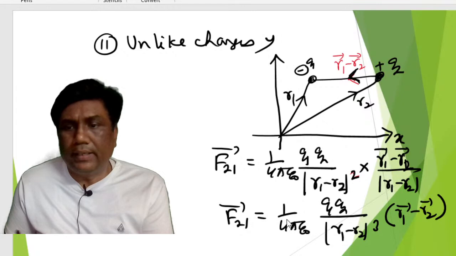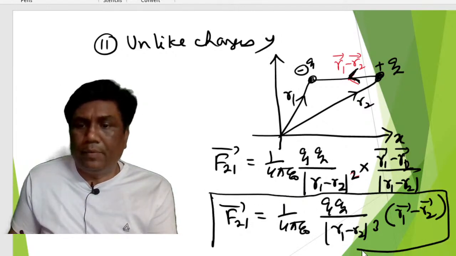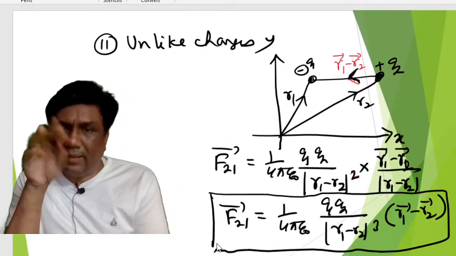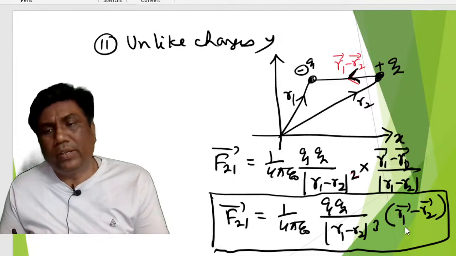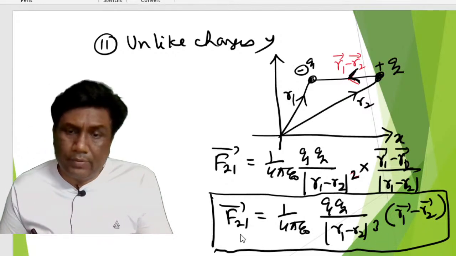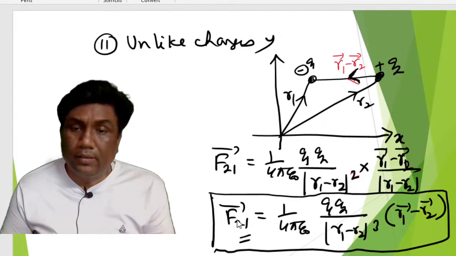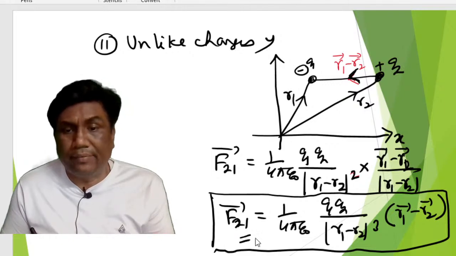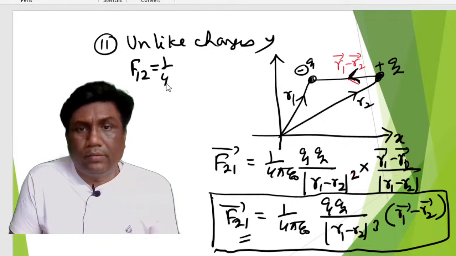That is for unlike charges. You can compare with the previous expression. It is again that minus 1 difference only. In the previous expression you got r2 minus r1, but here it will be r1 minus r2. In exactly the same way that I have calculated F21, F12 also we can calculate, the force on 1 by 2. If I calculate F12, then just the direction will be different, nothing else.